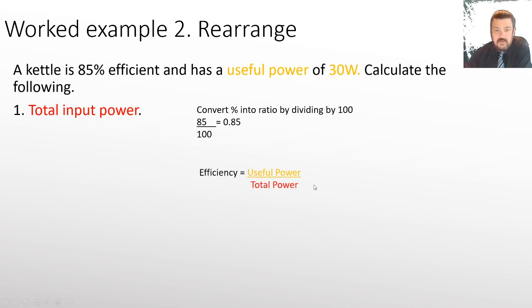Then we go back to the equation we've been using previously: efficiency equals useful power divided by total power. Plug our numbers in again: 0.85 equals 30 watts divided by total power. Rearranging to make total power the subject leaves us 30 watts divided by 0.85, giving us a total power of 35.3 watts.